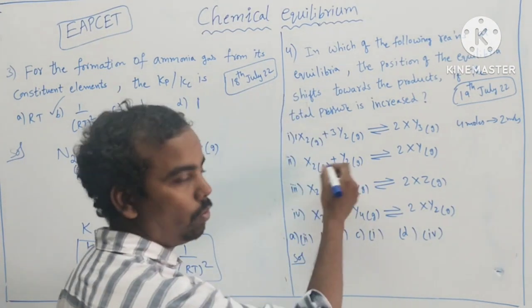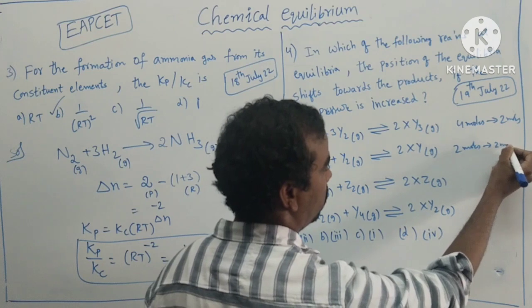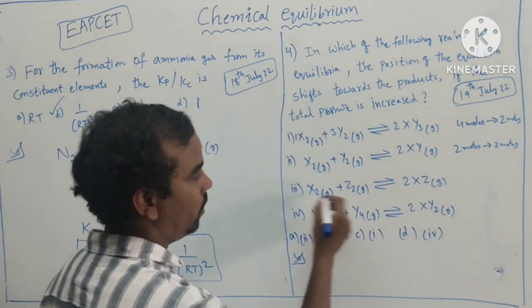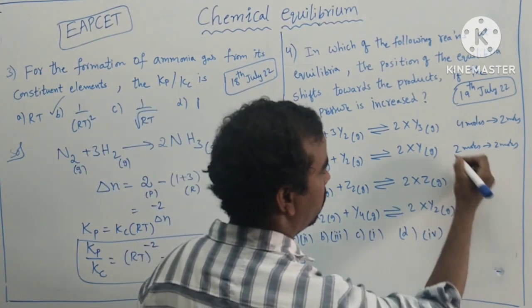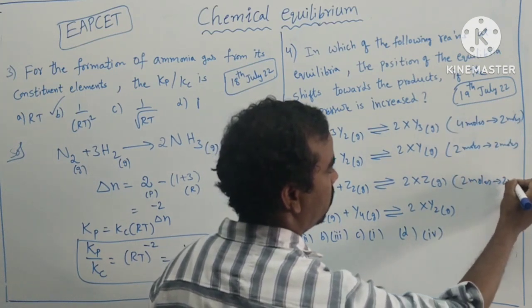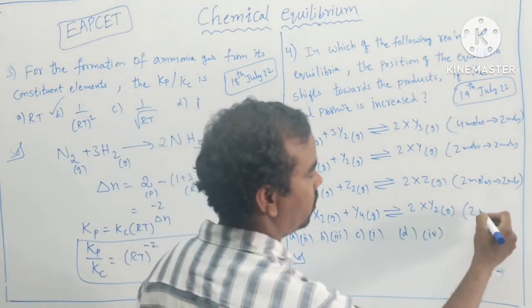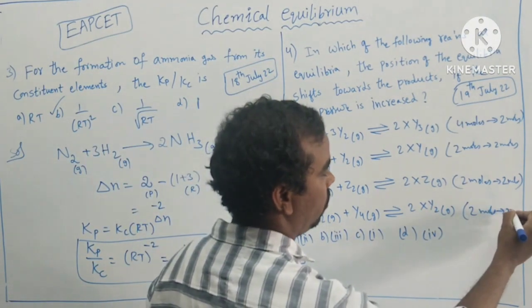Here 1 plus 1, 2 moles, converted to 2 moles. Here also 2 moles converted to 2 moles, and in the last one also 2 moles converted to 2 moles.